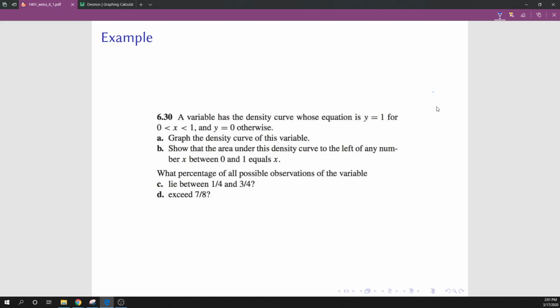Okay, so on the test, I'm not going to make you graph the density curve. I'm just going to give that to you for a problem like this. On other problems, you might have to draw the density curve yourself, just a rough sketch of it. But this problem involves calculating the area underneath the density curve.